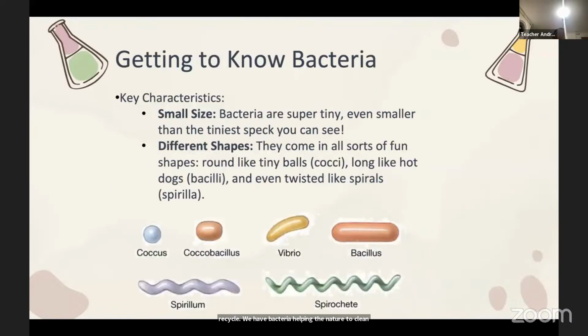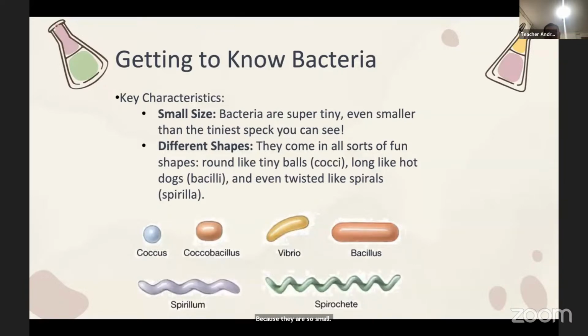So some key characteristics of bacteria: well, they are small in size. Fungi we can still see, like mushrooms. But bacteria, unfortunately, we cannot see with our eyes. We need a microscope to see them, because they are so small.